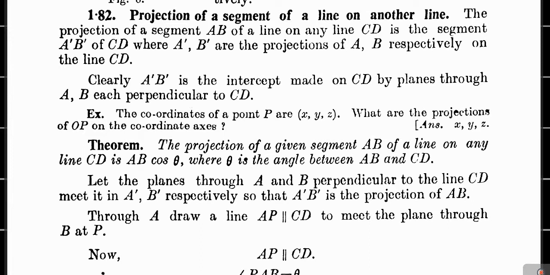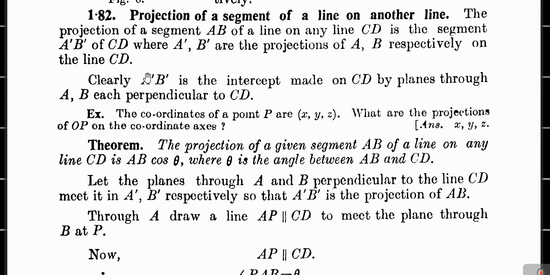For that purpose, we have to draw a perpendicular plane from point A on the line CD, and similarly a perpendicular plane from point B on the line CD. Then the intercept made by these perpendicular planes on CD will be the projection of segment AB on the line CD.